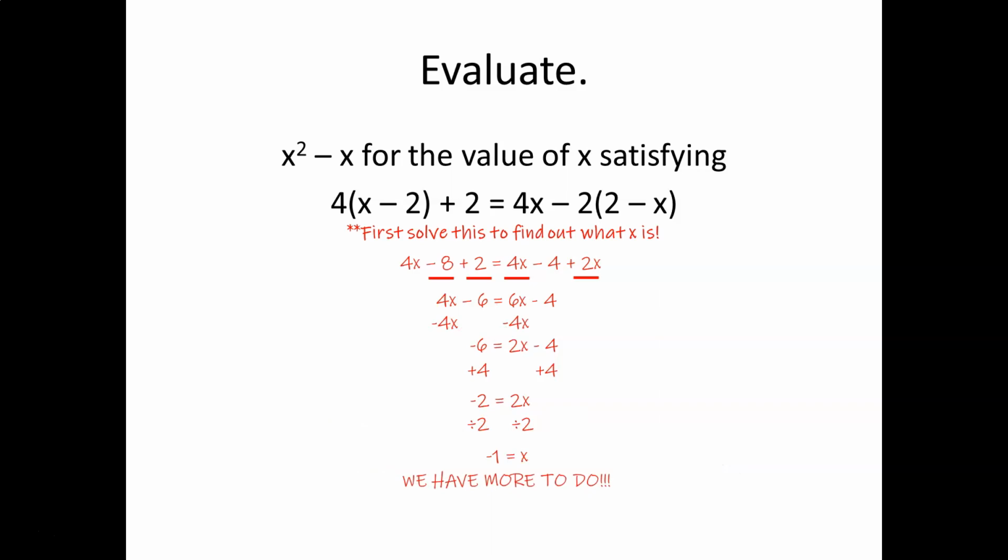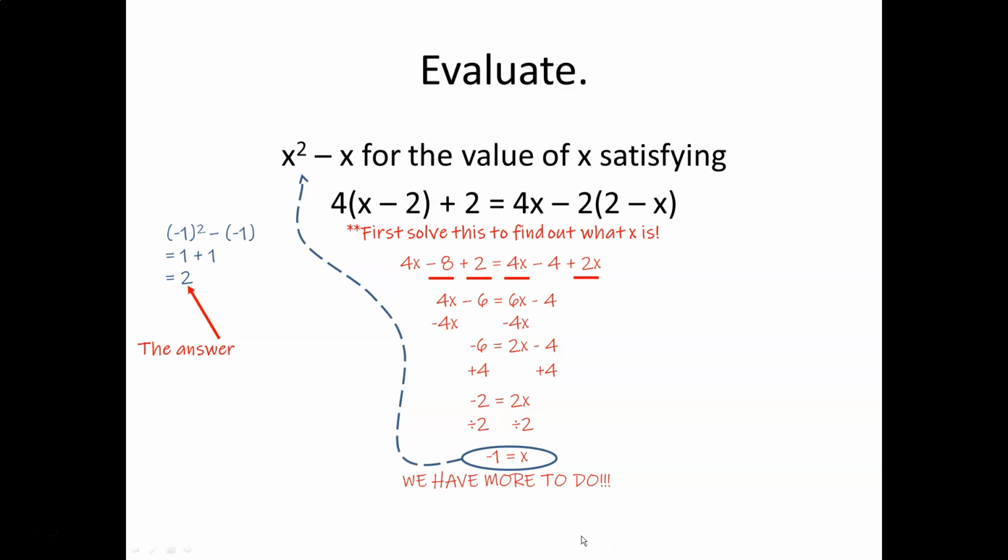We have more to do. Well, yes, because we just solved this for x. Now we have to take this x equals negative 1 and plug it into this equation to figure out what the answer is. So we plug that in and we solve and we get 2.